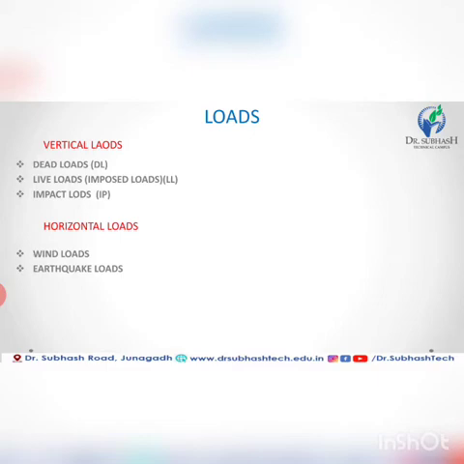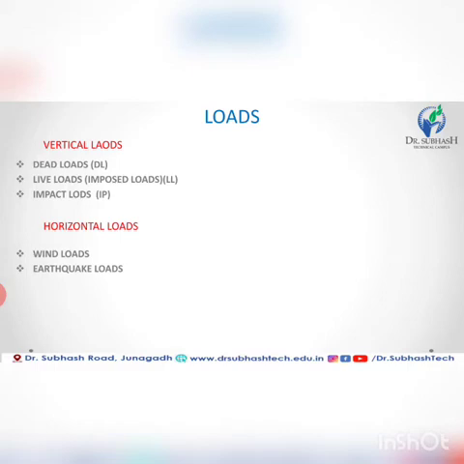The loads which are not steady but keep on changing position from time to time are called live load or imposed load, like weight of person, furniture, cars, moving partitions.